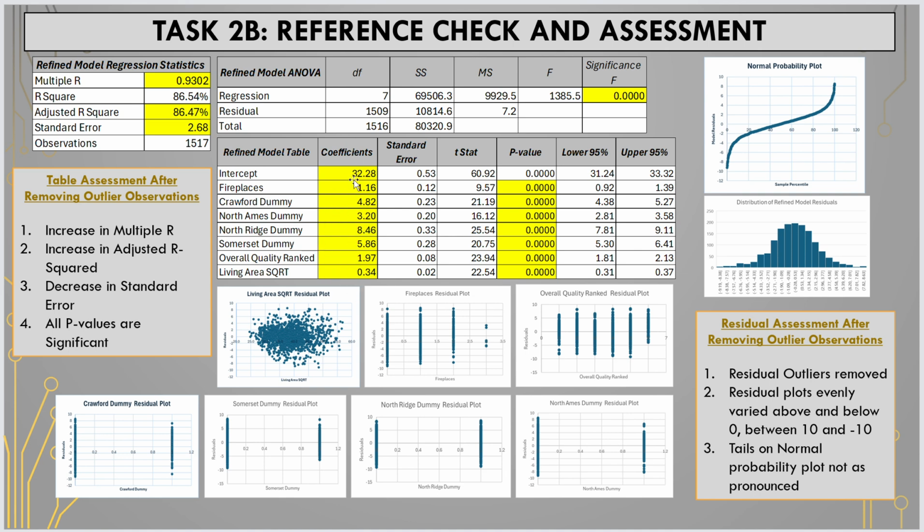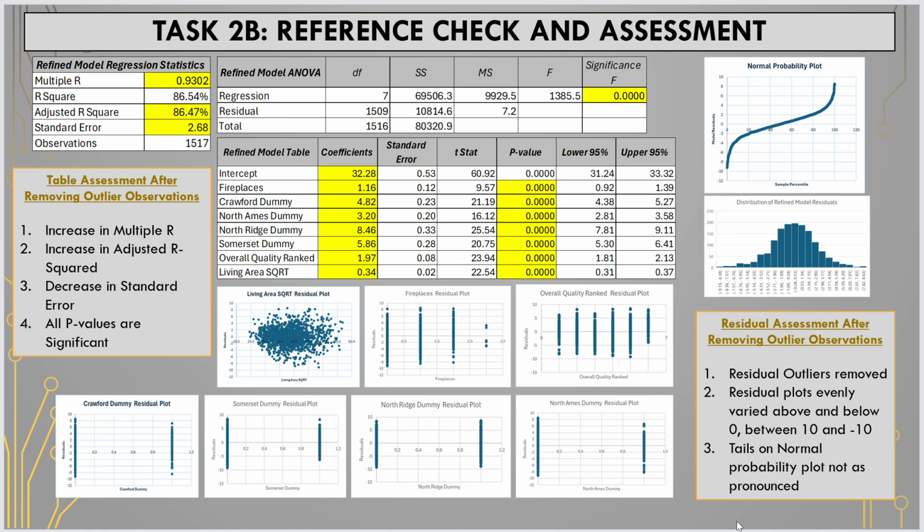These are the beta coefficients in our modeling equation that we're going to use to make a prediction in the very last part of this lab. So that's what you should be getting out of your tables. You can see a quick summary over here, and then also just trying to understand what's happening within this ANOVA table and this model table here.